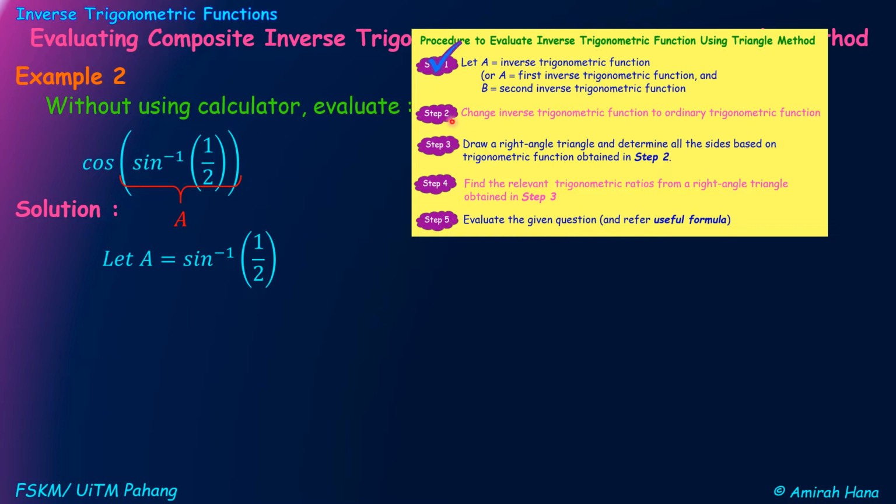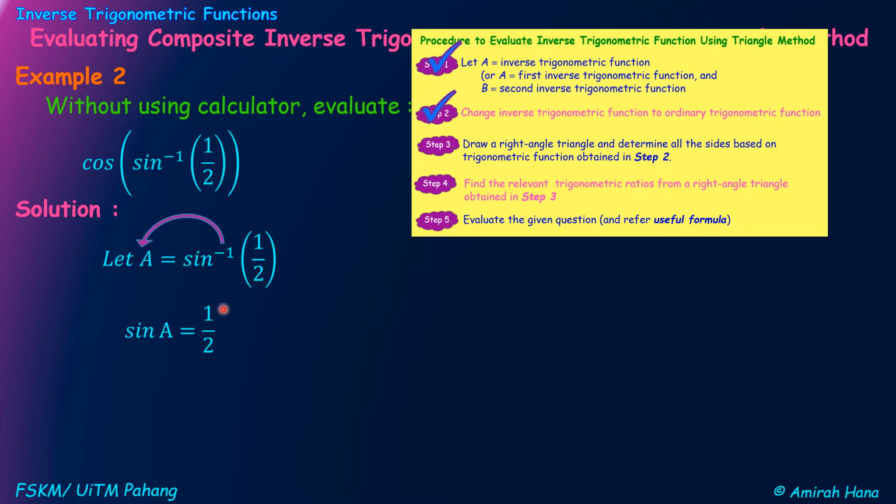Then we continue with step 2. Change the inverse trigo function to ordinary trigo function. So we move the inverse sine to the left hand side, and we get ordinary sine A equals half.